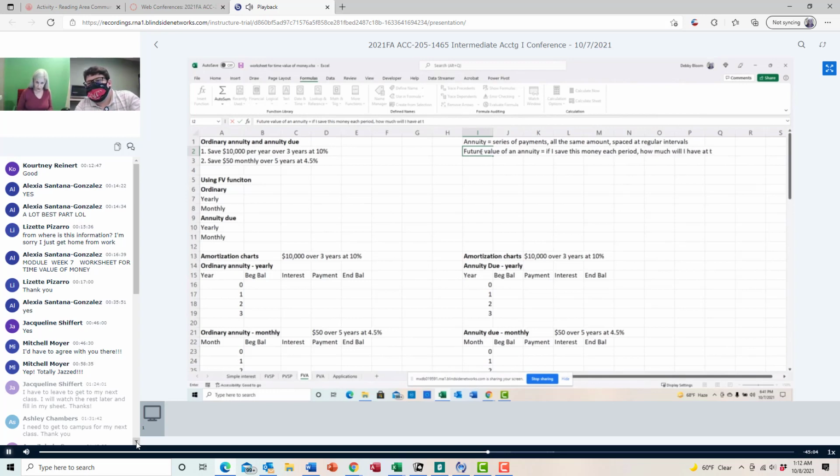Now, there are two types of annuities. Number one is known as an ordinary annuity. Most times when you have your house payment or your car payment, it's an ordinary annuity. And with an ordinary annuity, the payments are made at the end of the period.